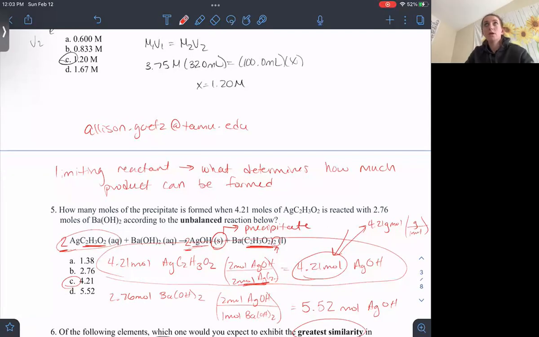As long as you know your 6 strong acids and 6 strong bases, anything else is considered weak. If you know what a strong acid and strong base reacting together will look like in a chemical equation, then you know that if it's not that, it has to be a weak acid or a weak base.